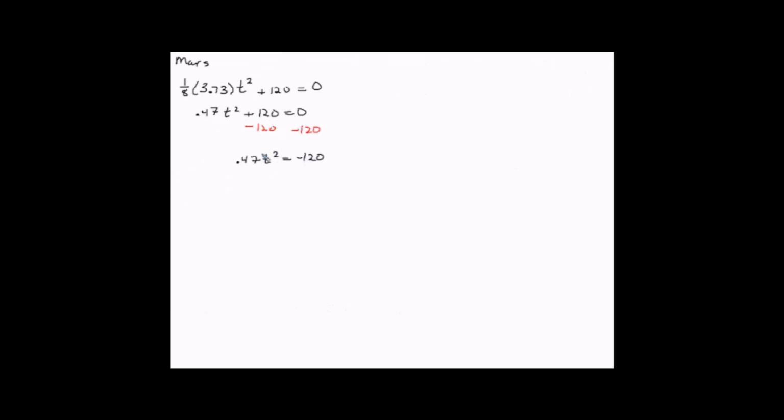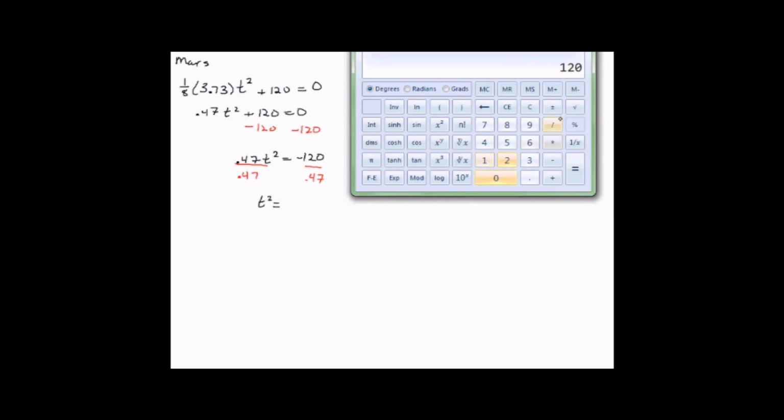Well, that means we can just get t squared by itself. I'm going to divide by 0.47. And I have t squared is equal to 120 divided by 0.47. So 255.3. And my b term would be 0, and if I take half of 0 and I square it, I get 0, and so I'd add 0 to both sides and end up exactly where I am right now.